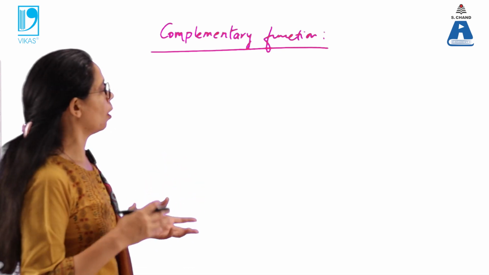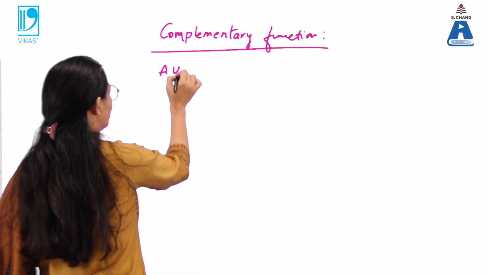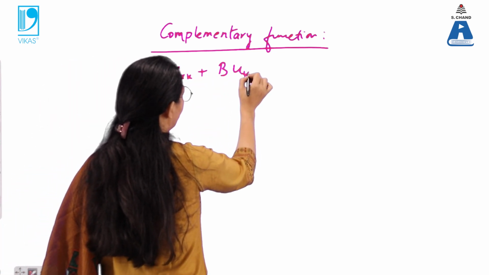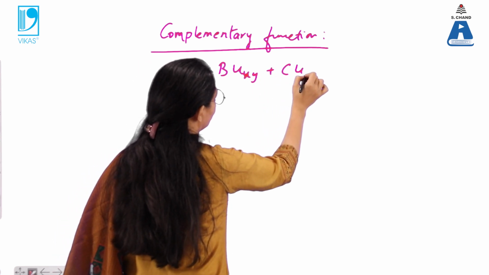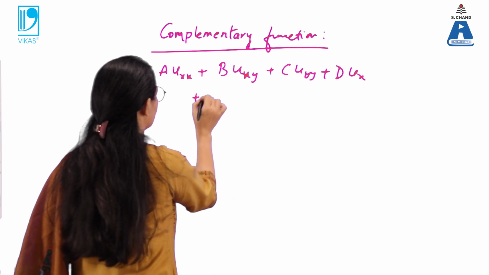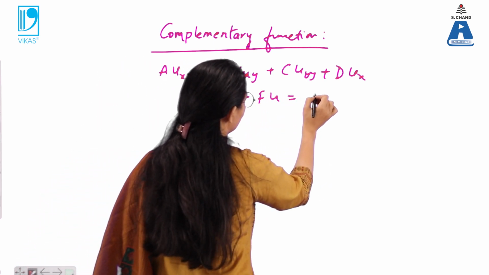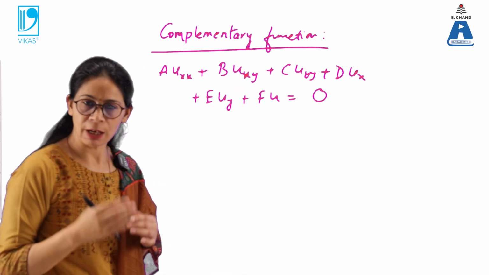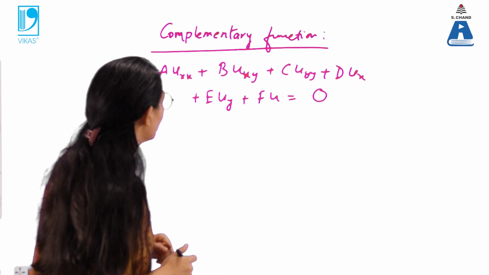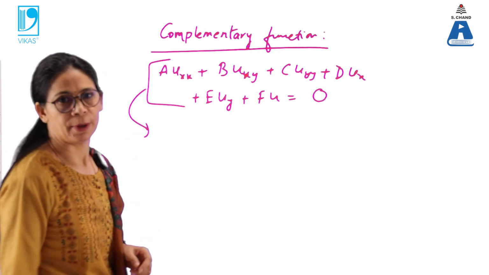So in any case, for the complementary function, the differential equation will be written like this: A uxx plus B uxy plus C uyy plus D ux plus E uy plus F u is equal to 0. Even if G is not given as 0, we will write this form. Now, we will rewrite the form by taking some abbreviations.